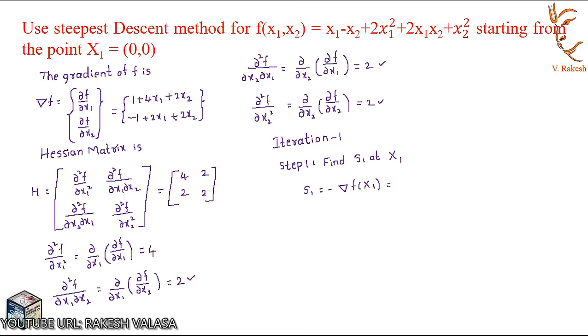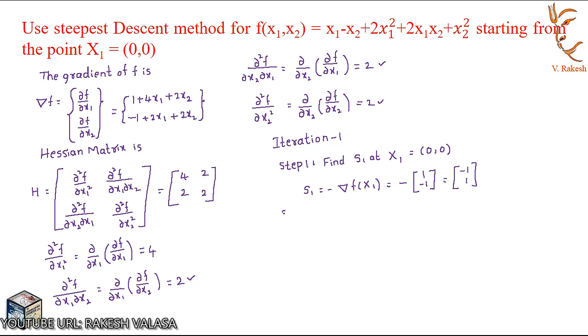Now substitute the initial value, that is x1 equal to 0 comma 0. That means x1 is 0 and x2 also 0, minus the values are 1 plus 4 into 0 plus 2 into 0. The answer is 1. Next one is minus 1 plus 2 into 0 plus 2 into 0. That is minus 1. Now change the signs. That is minus 1 plus 1.